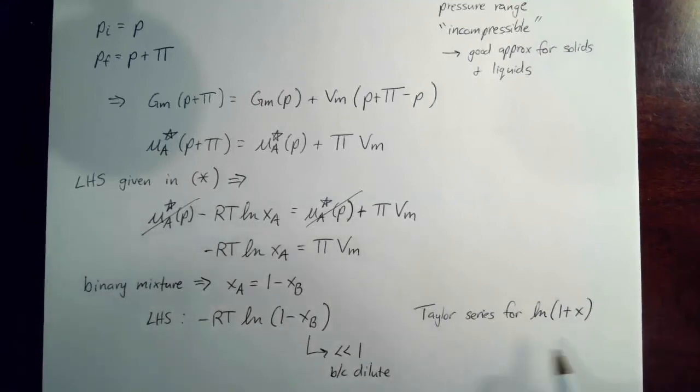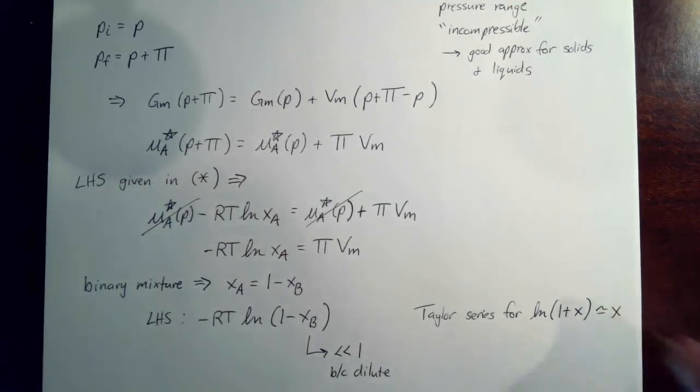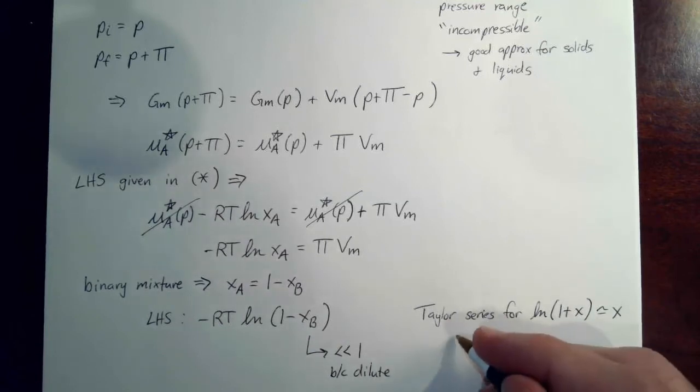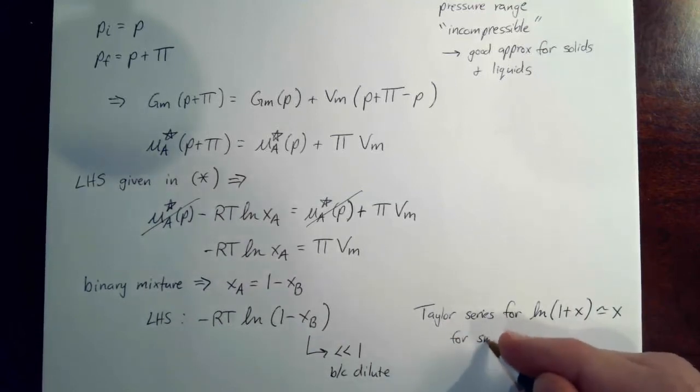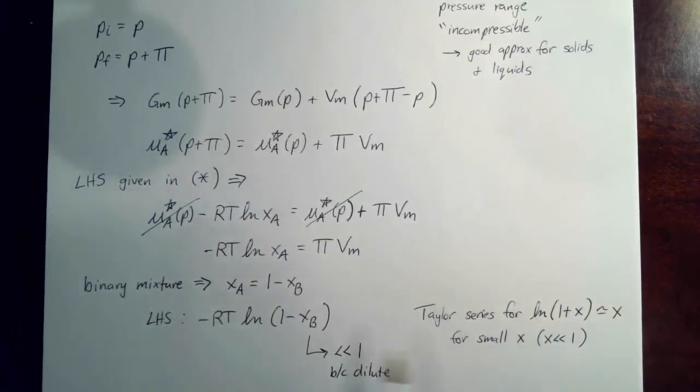And we saw this before as well. If I expand ln 1 plus x into a Taylor series, I see that it's approximately equal to x when x is small. That is x much less than 1. Okay, and that's exactly what we have here, except x is going to be negative xb.